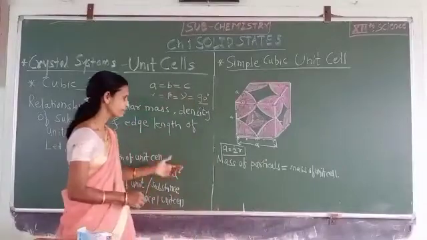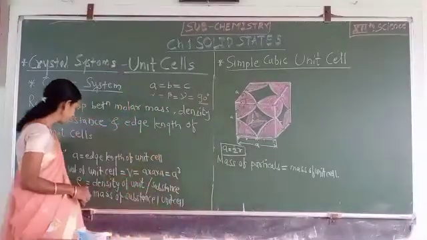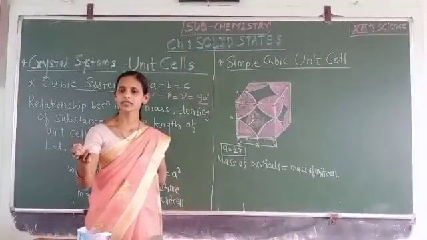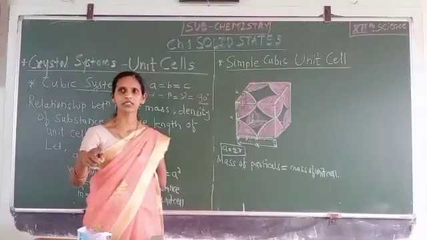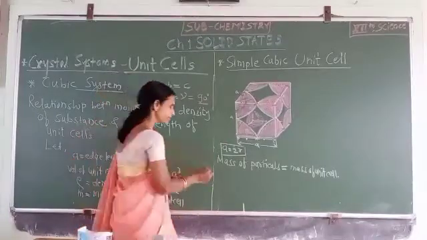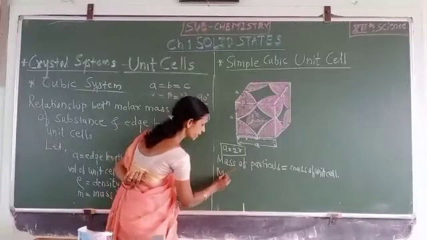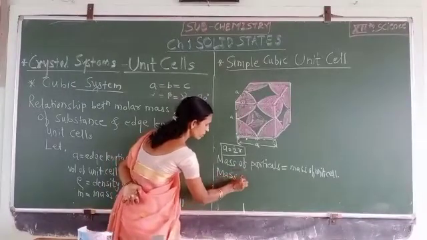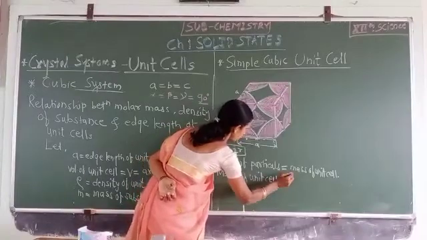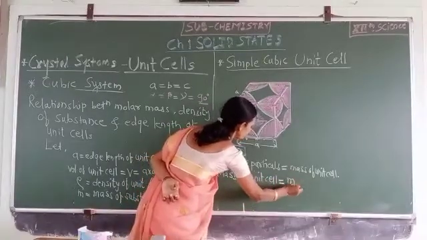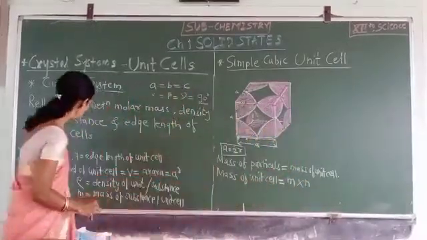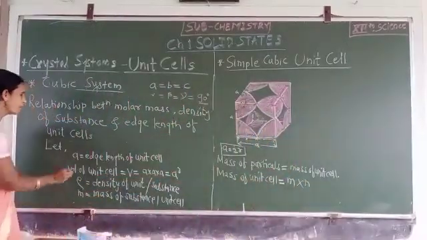Then we have to calculate the relationship between the molar mass and density of that substance with the edge length. See here, the mass of particles or mass of the unit cell is equal to m into n, where n is the number of particles.